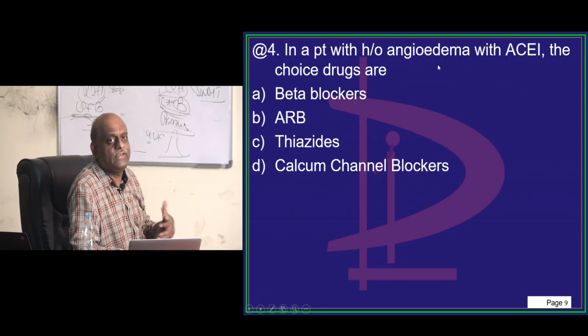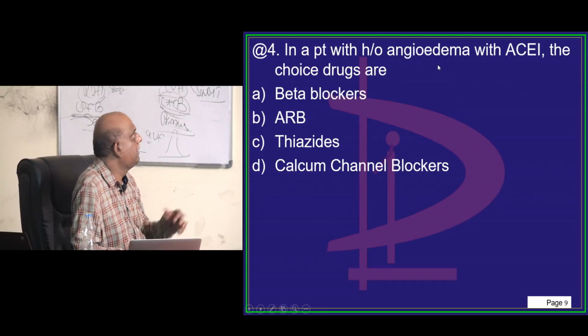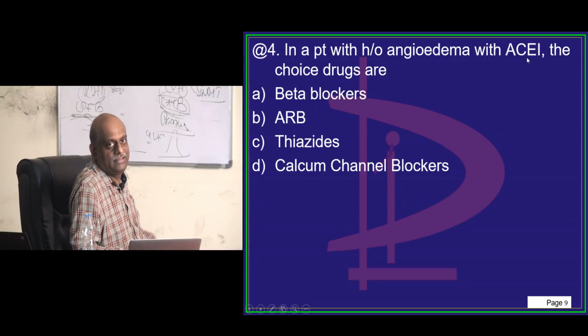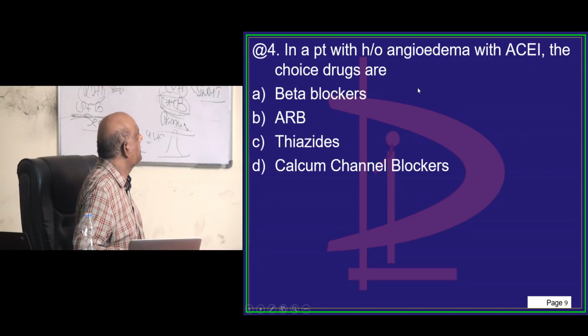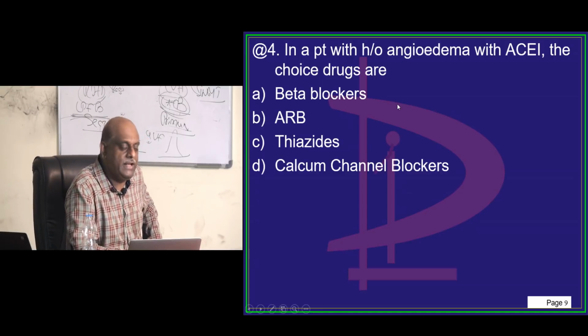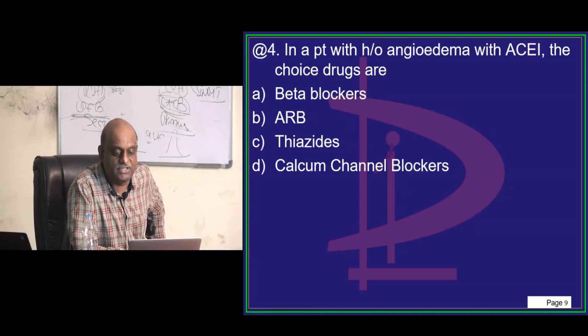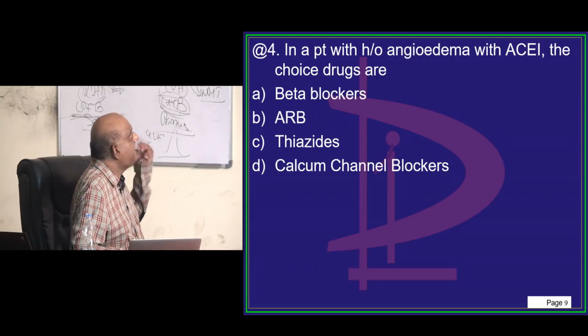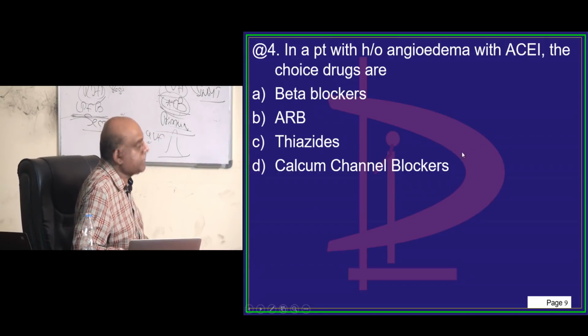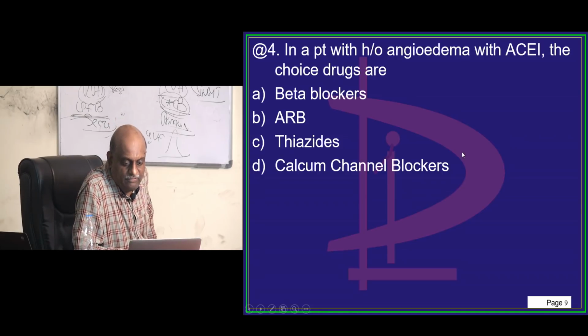If a patient has a history of angioedema, he is on an ACE inhibitor, what is the drug of choice that you want to give? ACE inhibitors, one of the important adverse effects is angioedema. So, what is the drug of choice? Question number 4. Very good.